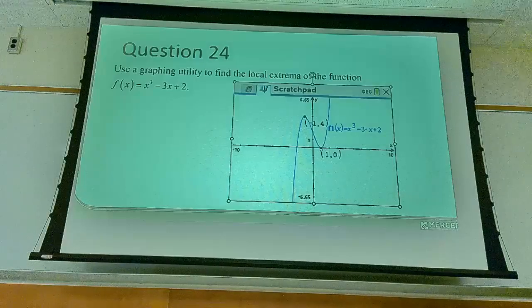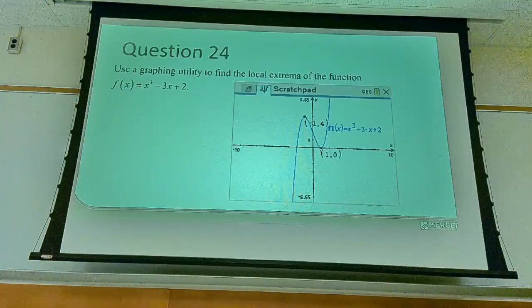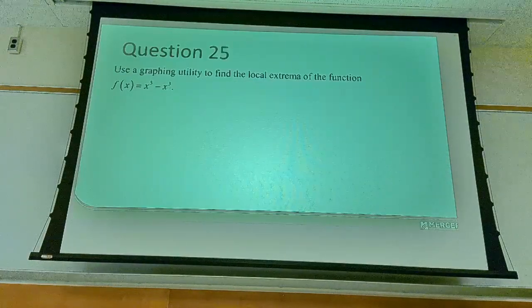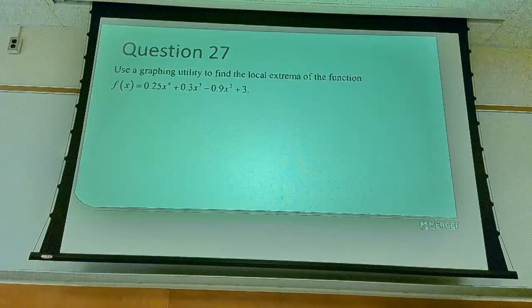Then I'll just paste it on there. There are 3 other questions that are the same thing, just different functions. Use a graphing utility, so do that on your own using your calculator. Are you comfortable with it? That's how you would use technology to find the maximum and minimum.